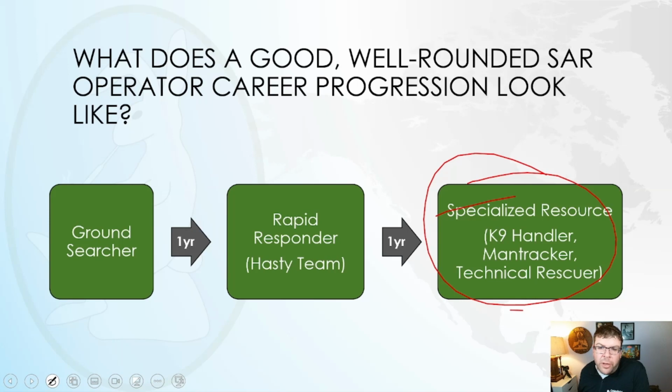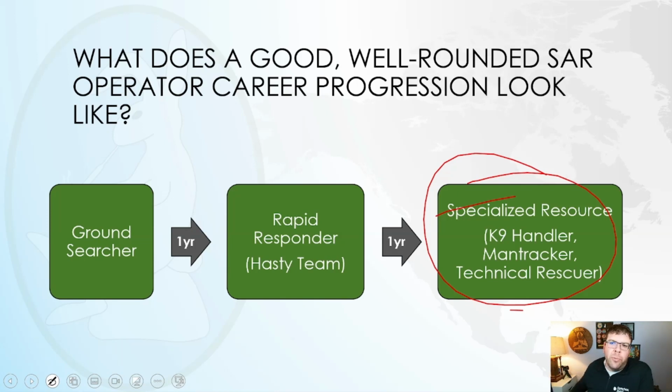Get a few missions under your belt as a ground searcher, and then you move into a team leader, or a rapid responder, someone who's got some experience, you've gathered some equipment, you have a good feel for how searching is done and should be done. You roll into more of that supervisor role at that point.